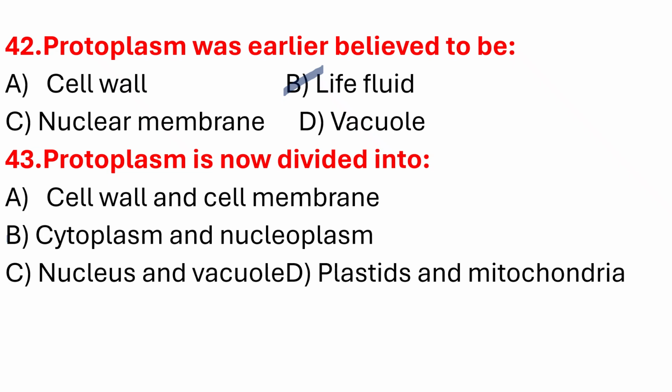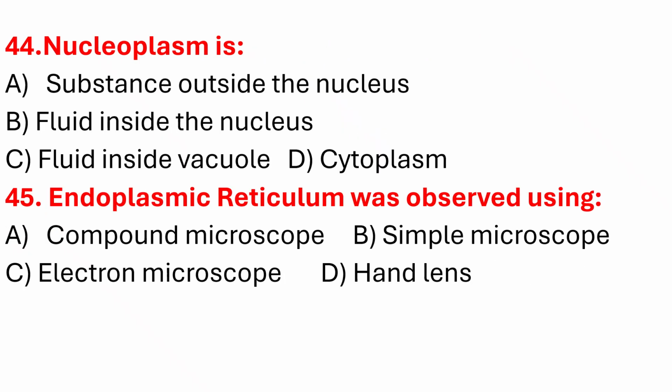Option B. Cytoplasm and nucleoplasm. Nucleoplasm is substances outside the nucleus, fluid inside the nucleus, fluid inside the vacuole. Option B. Fluid inside the nucleus.